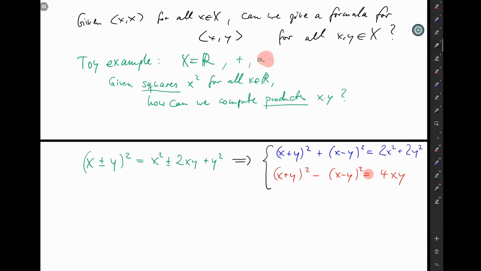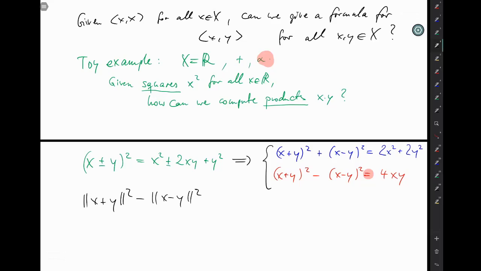So inspired by this little toy example, let's go back to the general case and try norms and scalar products. So let's somehow copy the red line and get back to norms. So we just look at the norms of x plus y and x minus y, and then squares.